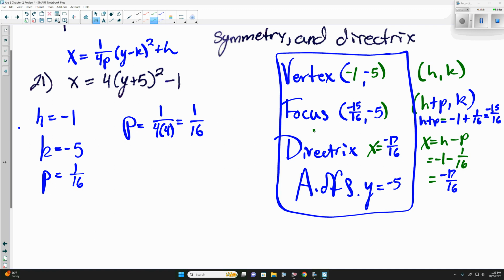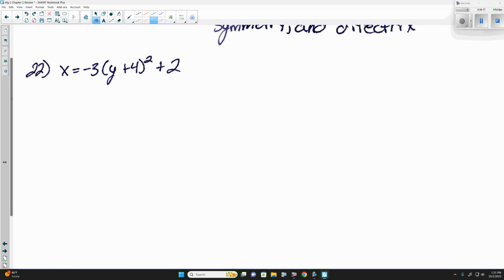Any questions on any of these so far? We're going to do one more, and then we will finish this tomorrow. X equals 1 over 4p times (y minus k) squared plus h.